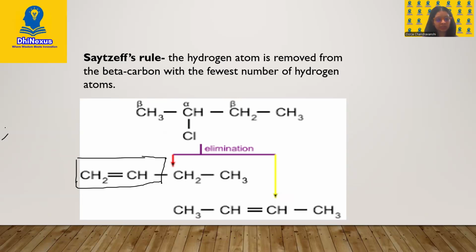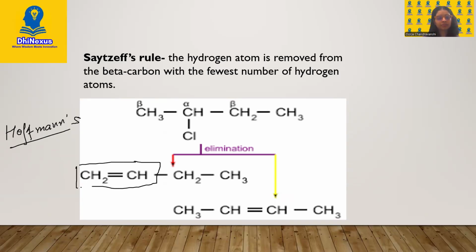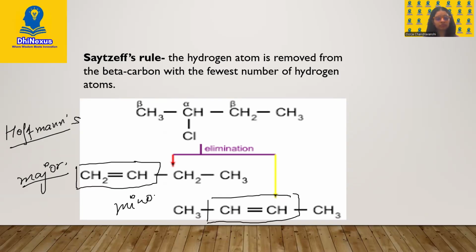So according to Saytzeff, this shall be my major and this will be my minor, while according to Hofmann, it is the opposite. Sometimes a question or two may be asked about this in the IIT JEE Mains exam.